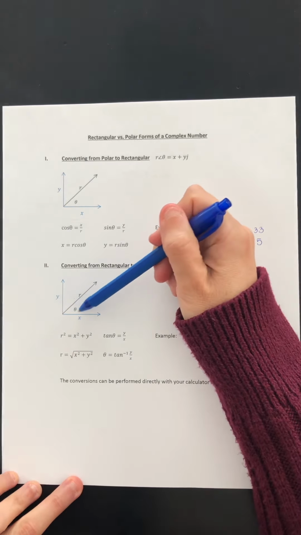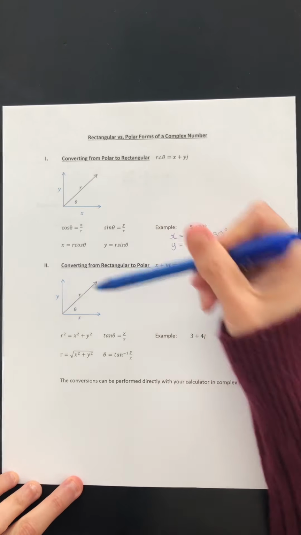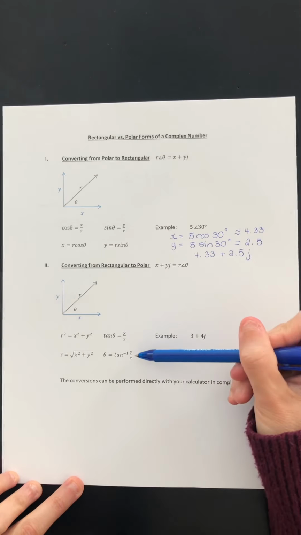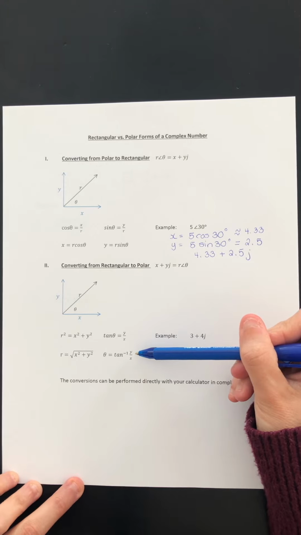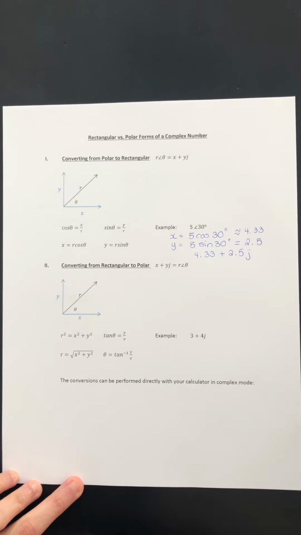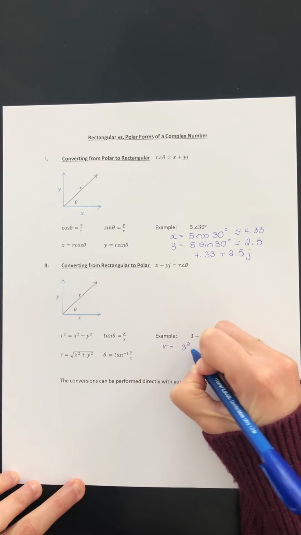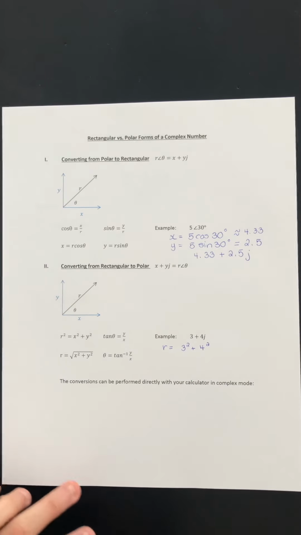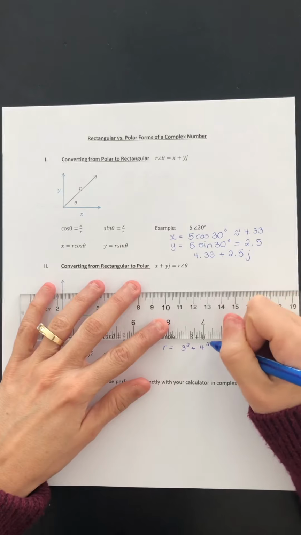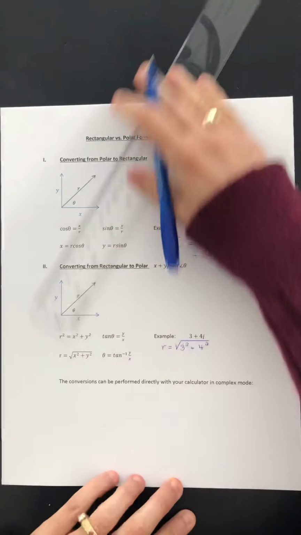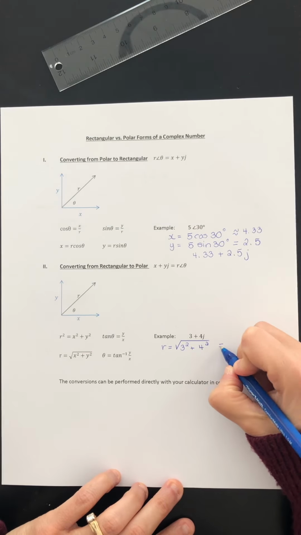And similarly, the tangent of the angle would be this opposite side length over this adjacent side length. So we could use the tangent inverse of y over x to determine the angle theta.